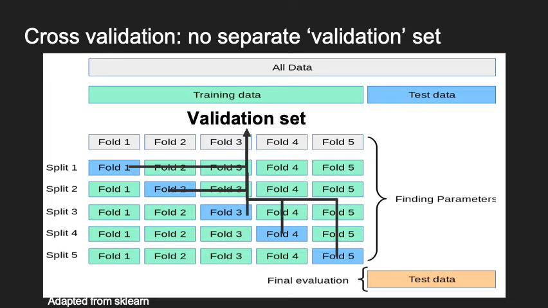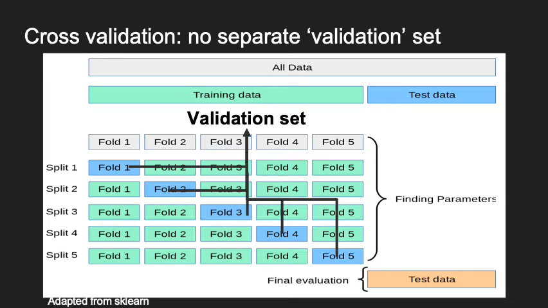Another strategy that you can implement if you don't have enough data is, instead of having a specific validation set, to use five-fold or ten-fold, x-fold cross validation. This is a representation of five-fold cross validation. You separate your training data into five folds.